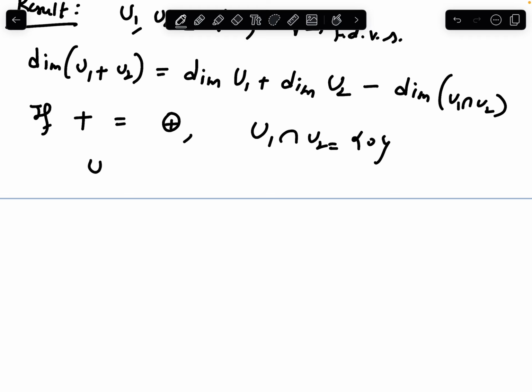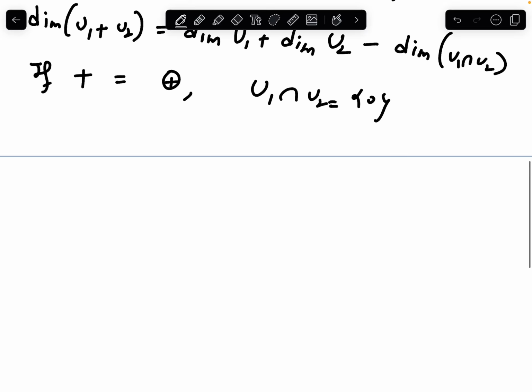So u1 plus u2 is a direct sum if and only if u1 intersection u2 is zero space. We saw that in the last video.